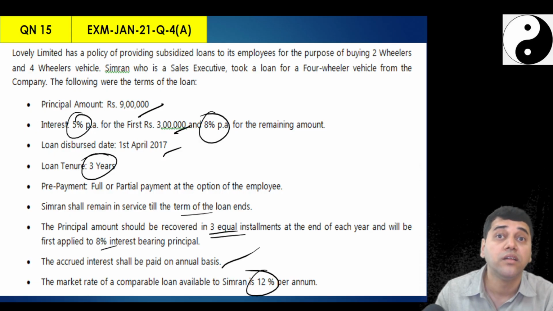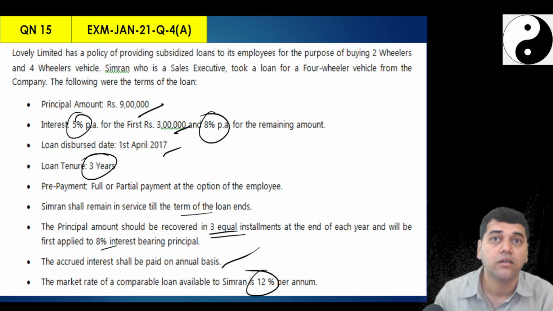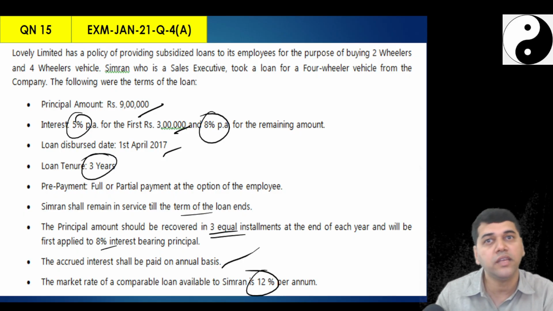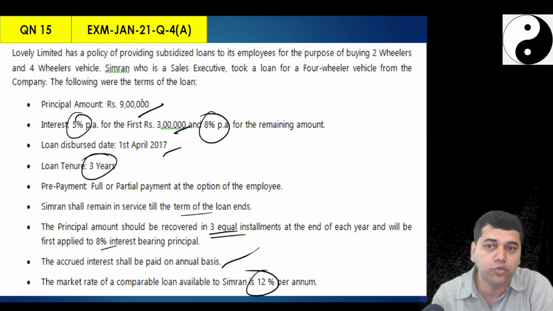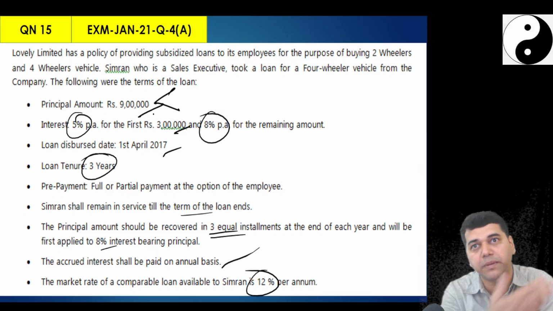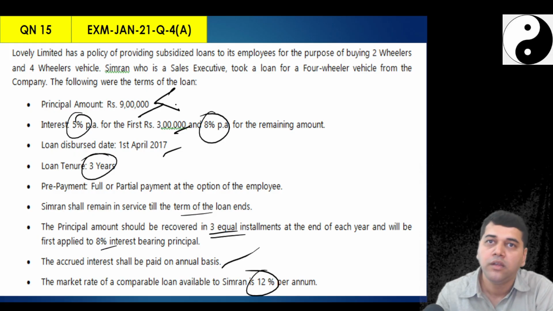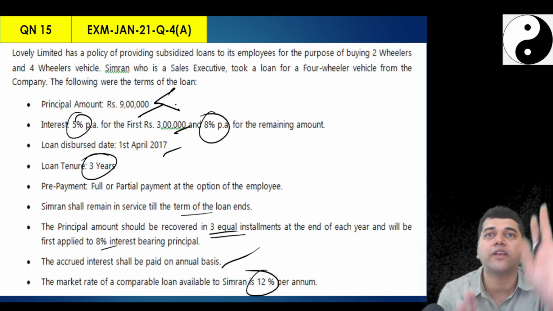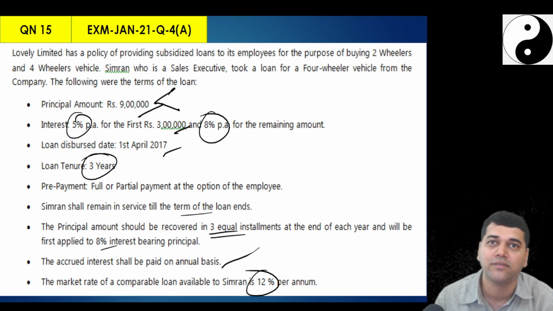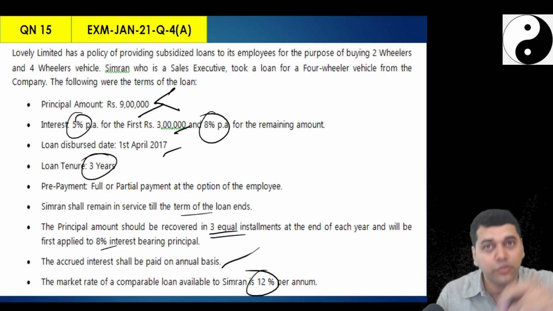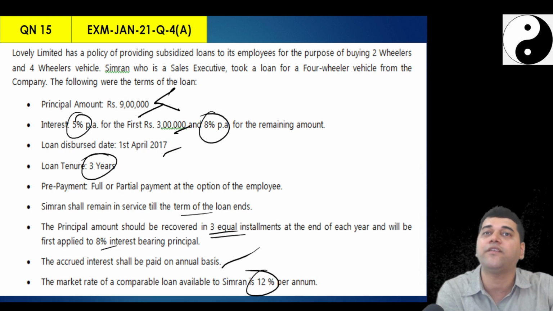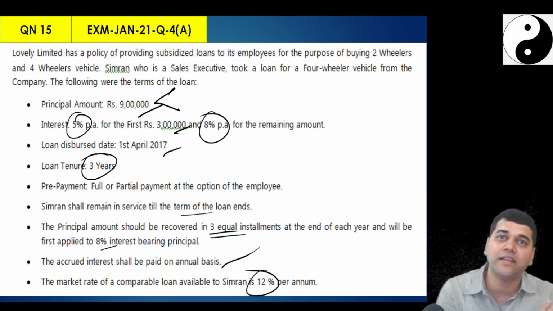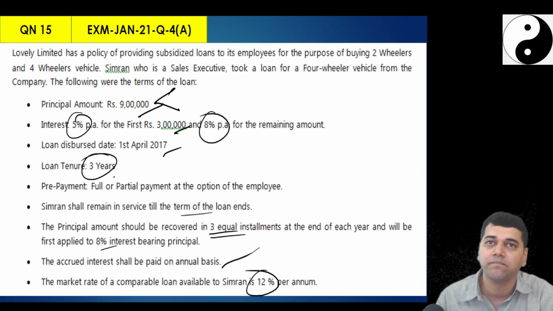Then when you give the loan, you give the two breakups. When she prepays and she is no more available, that full portion of the discount you will also write off, because that's no more required. Why did you keep it in the balance sheet? Because you are going to get service in the future. If she herself is not there, she retires or resigns and goes, then you write off that balance.